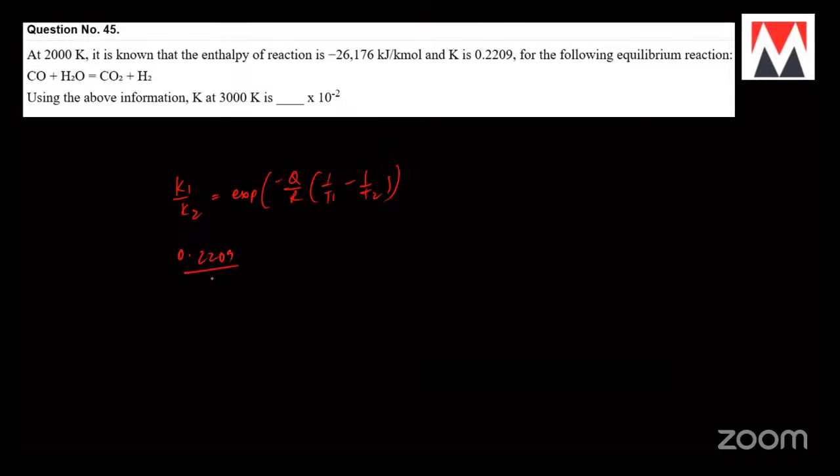0.2209 by K2. You need to find exponential minus delta H by R, minus 2.6 into 10 power 7 by 8.314.